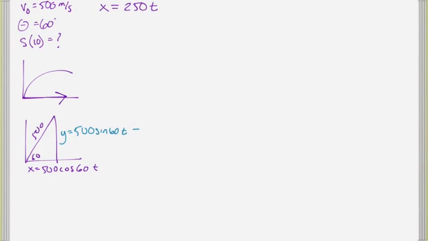Kind of a side note for why this is what it is, because I don't like just memorizing equations. We're working in meters per second, so acceleration due to gravity is 9.8 meters per second squared. If we integrate that to get to a velocity function, we're going to have 4.9t squared. So we need to subtract from this a 4.9t squared.